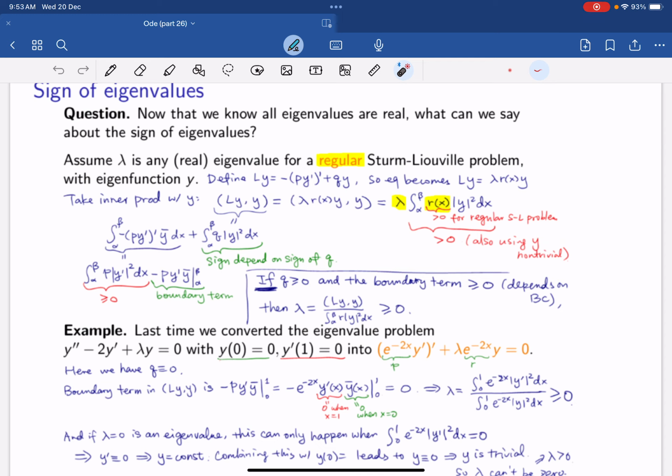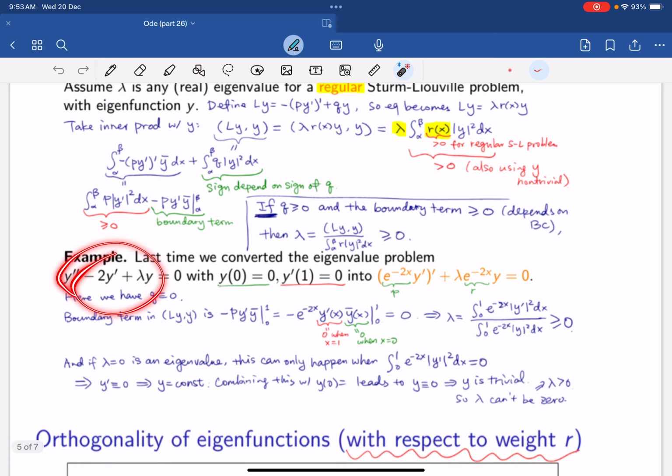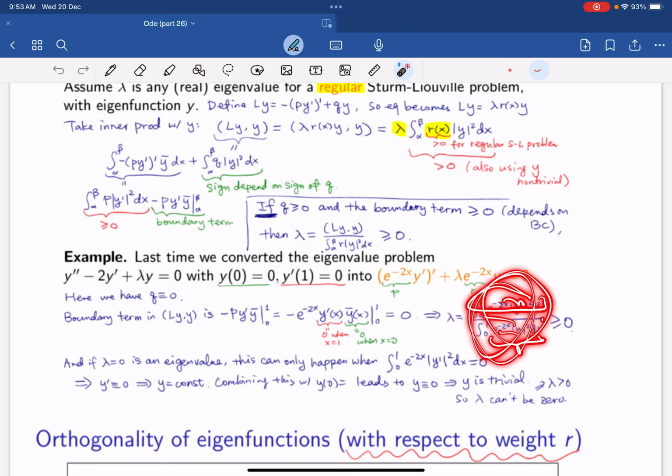An example would be the previous time where we got this eigenvalue problem, and actually we can see that the boundary term of this inner product is 0. So lambda will be this integral over the other, so this is positive and this is positive, so the lambda must be positive.